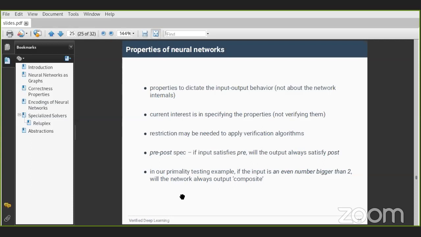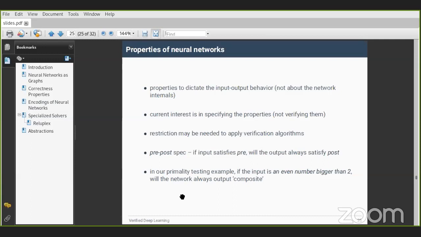What's important to note is that the properties we are interested in are the ones that dictate the input-output behavior. It's not about how the network internally works, or how it is computing whatever it is computing. We'll worry about the input-output behavior.